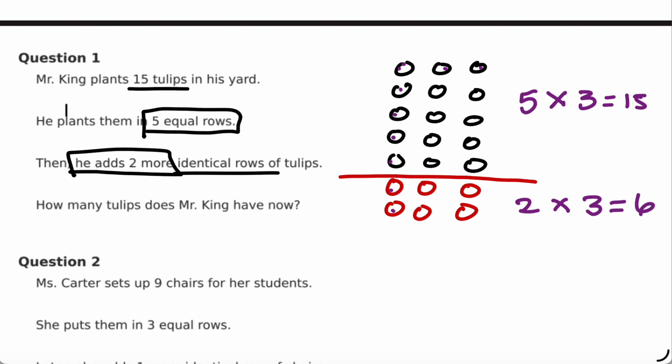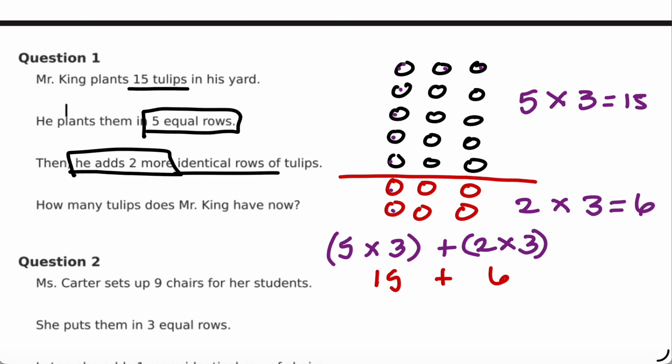So now, this is how you would make it in distributive property. I have 5 times 3 plus 2 times 3. Okay? And I know that 5 times 3 is 15, and I know that 2 times 3 is 6.